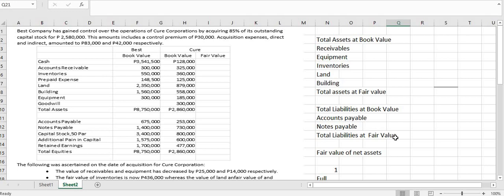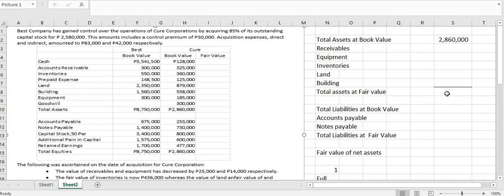So let's start with the total assets at book value of Cure, which is 2,860,000. And then, may mga information na provided for the undervaluation and the overvaluation of our assets and liabilities.